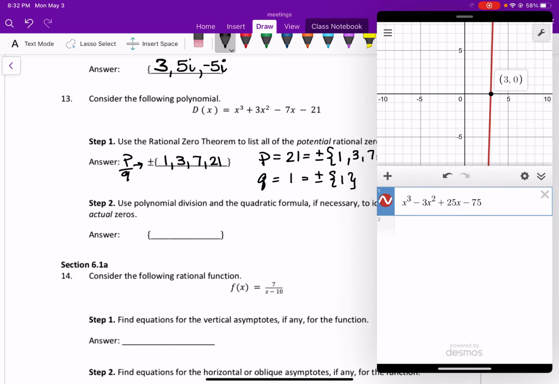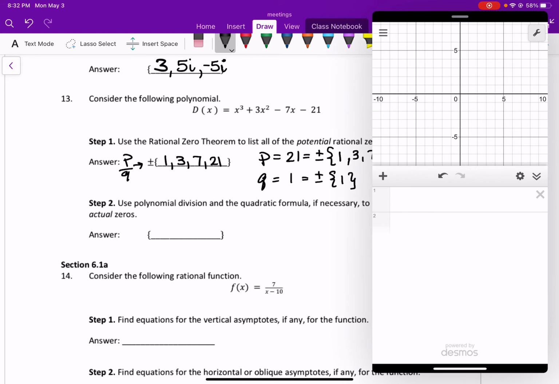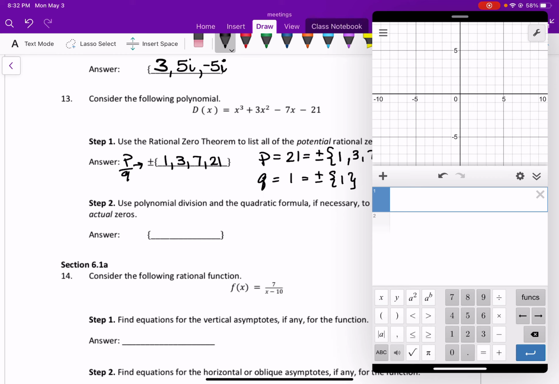Okay, so again, let's graph this guy and see where he intersects here. So we've got x to the 3rd power plus 3x squared minus 7x minus 21.